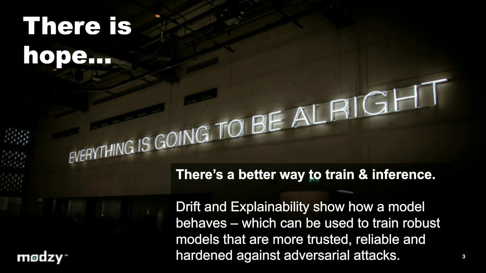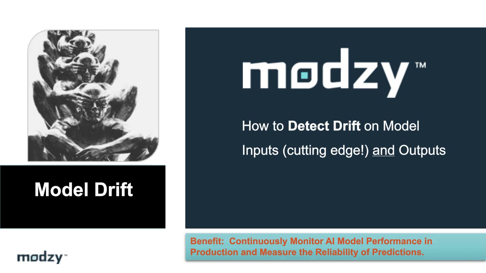First up, model drift. So how do you continuously monitor your model's performance in production and measure the reliability of its predictions? Now, most drift solutions today that you're going to see out there are focused on monitoring the distribution of model outputs compared to some baseline, right?